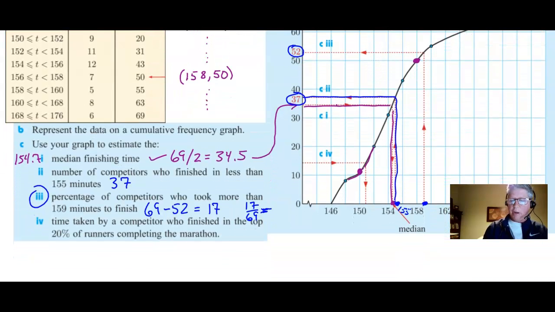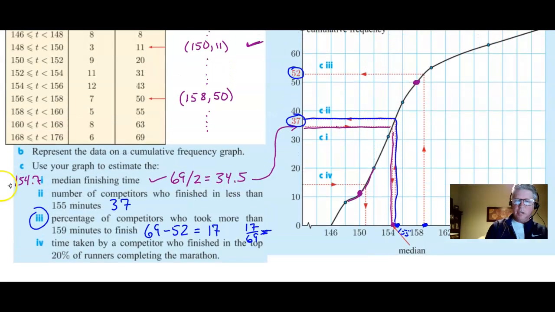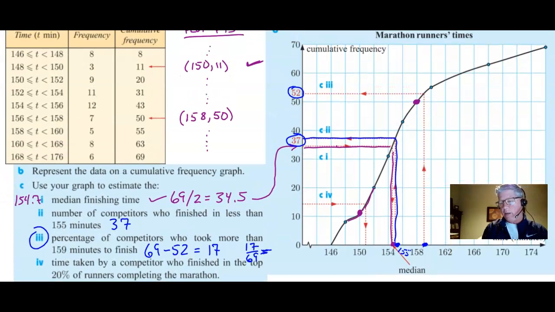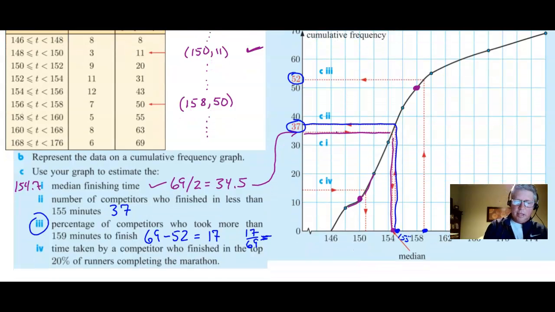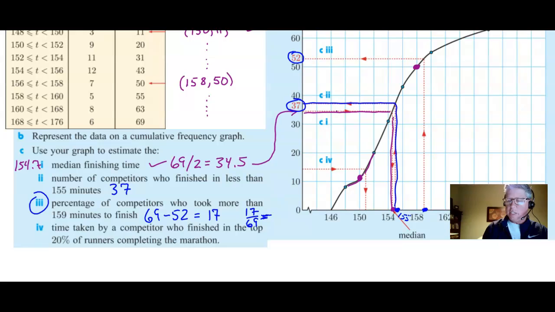Time taken for a competitor who finished in the top 20% of the runners completing the marathon. This is tricky too. So if you want to be in the top 20%, where is the top 20%? So for 20% of the runners, we first need to do 0.2 times 69 runners just to see how many runners that is. And I'm going to estimate that to be about 14.